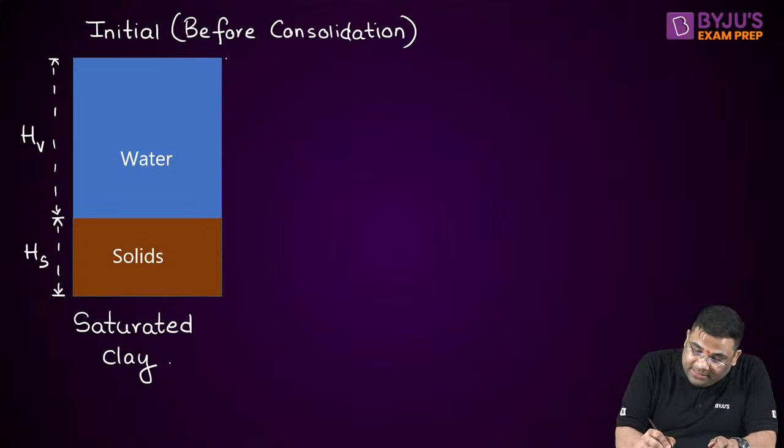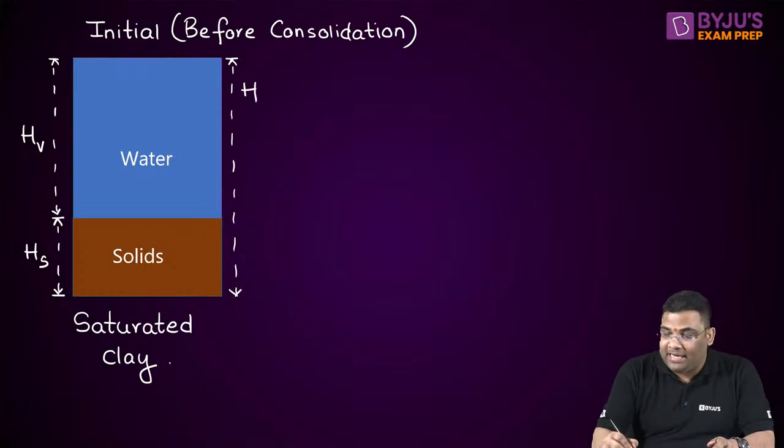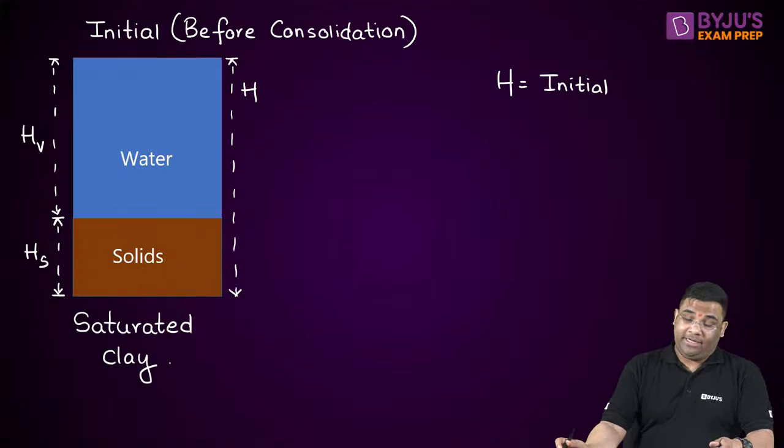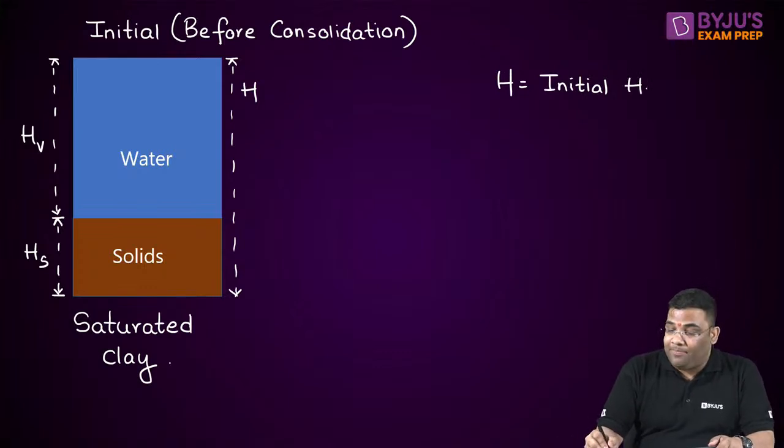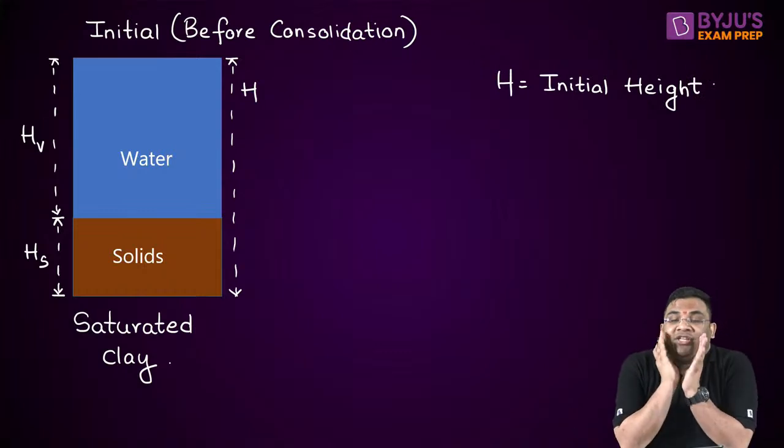Now this is the total height, or initial height. The initial height H. H is your initial height, meaning before consolidation, the initial height of the clay layer.